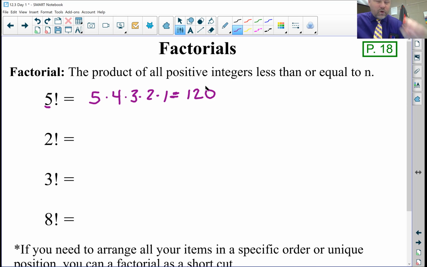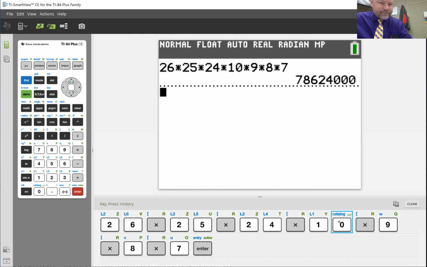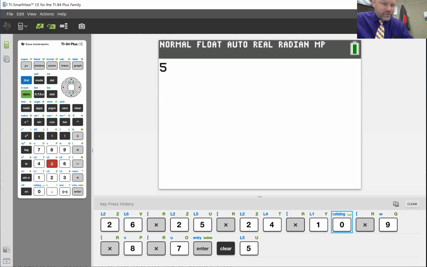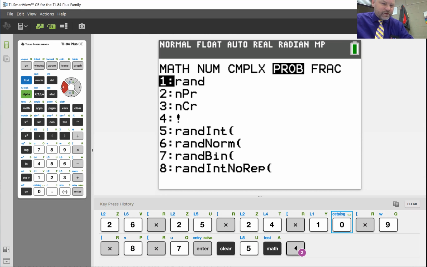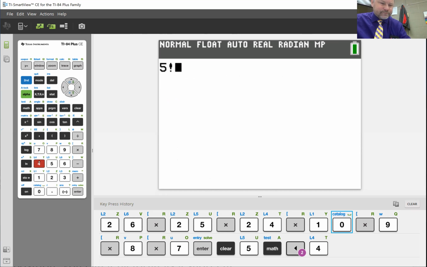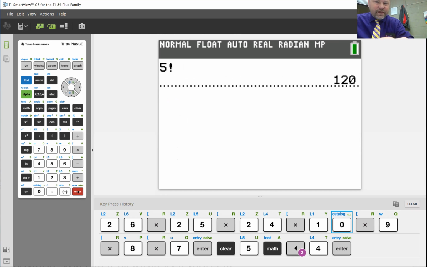The great thing is most calculators have a factorial key or a way to get the factorial. On the Texas Instruments calculator, the factorial button is in the math menu right underneath where it says alpha, and you want to go to PROB, and it's option number 4. Other calculators also have factorial buttons.